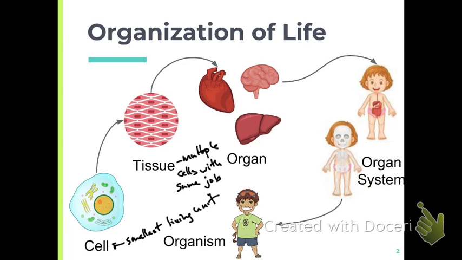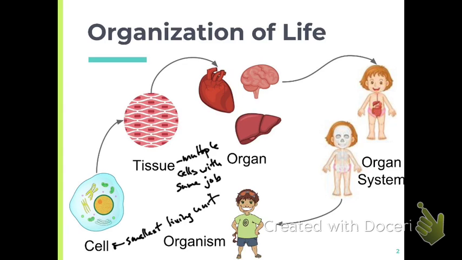Organs, we know, are like the brain, liver, heart. The largest organ that we have is our skin. Organ systems are organs that work together to complete some type of necessary job. For example, we have the respiratory system, digestion system, skeletal system. You put all those organ systems together, we get an organism.